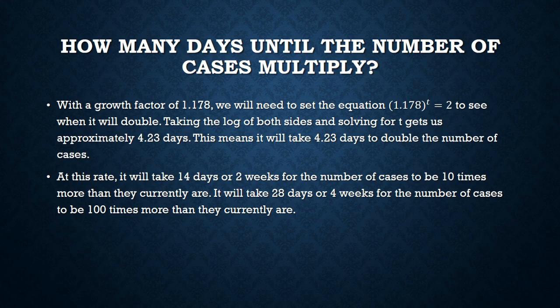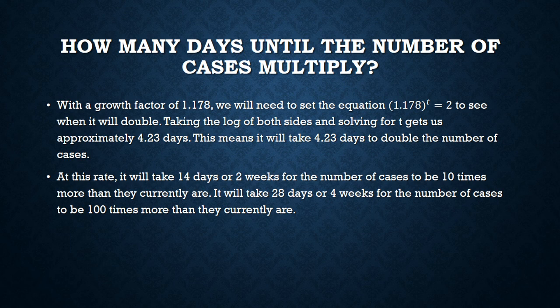Okay, how many days until the number of cases doubles? With a growth factor of 1.178, we will need to set the equation 1.178 raised to the t power equal to 2. Taking the log of both sides and solving for t gets us approximately 4.23 days. In the news, you may see they rounded up to 5 days. But this means that it will take 4.23 days to double the number of cases.